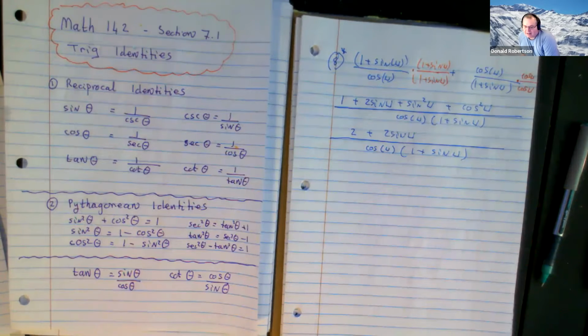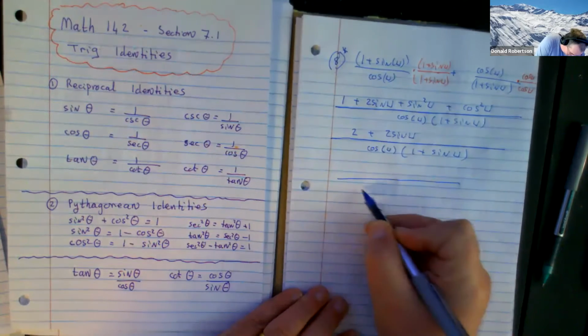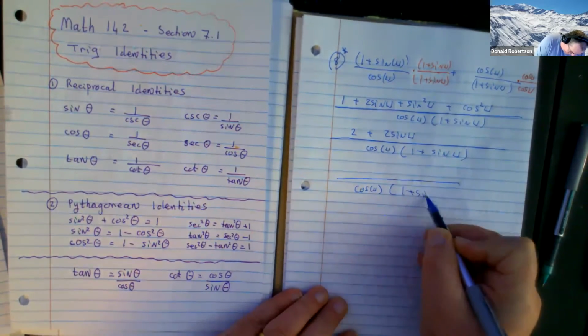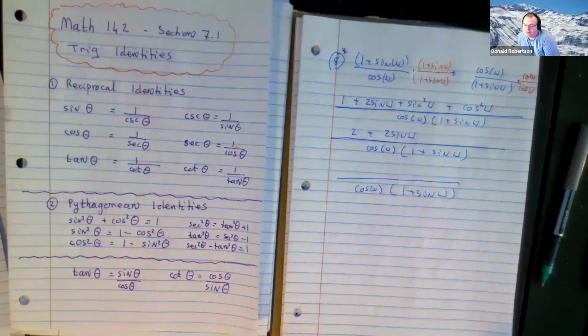Every line gets closer to where it needs to be. Every line gets a little bit nicer. Can anybody see something that we could do with the top row, the numerator?